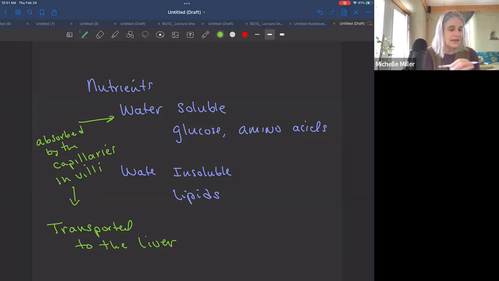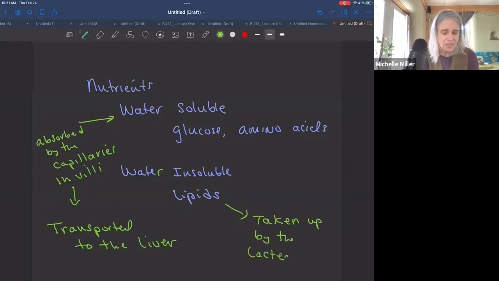We then have these water insoluble nutrients, which are the lipids, and these are taken up by the lymphatic system. They're taken up by the lacteals, and they're packaged in a protein coat covering. So they become water soluble, but they're transported in the lymphatic system.